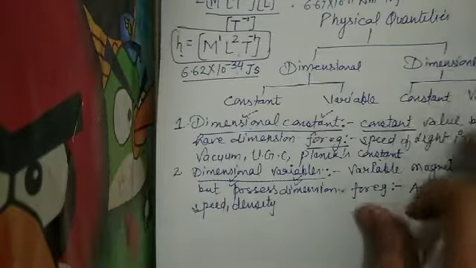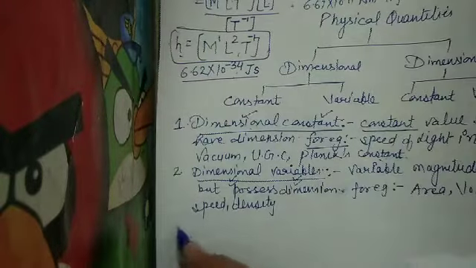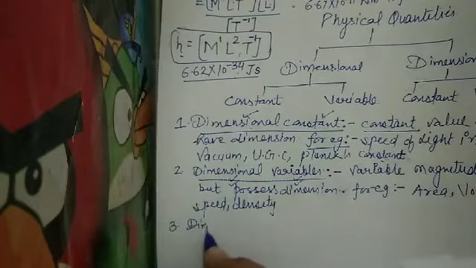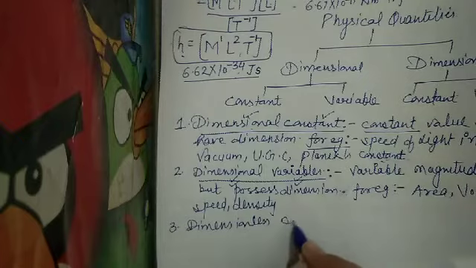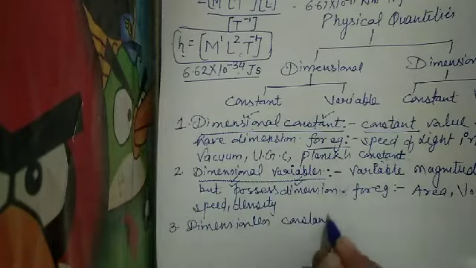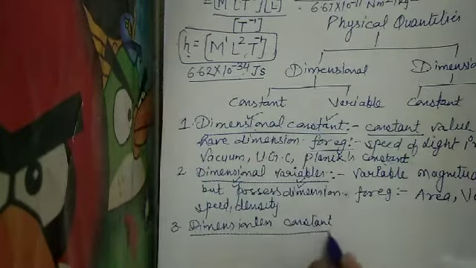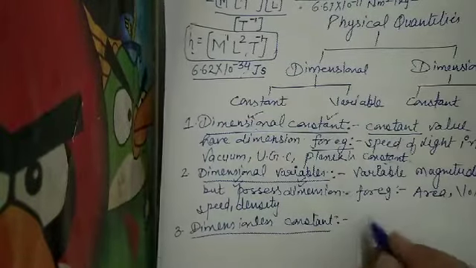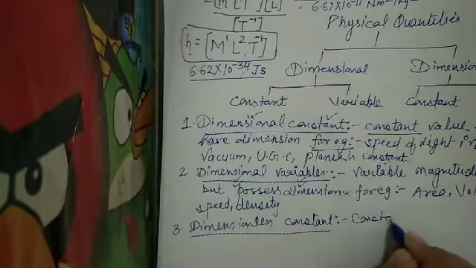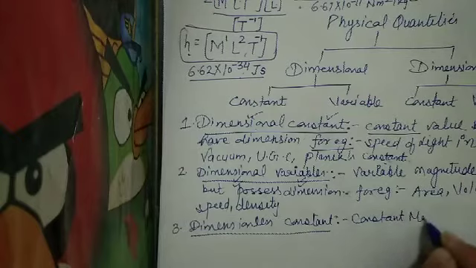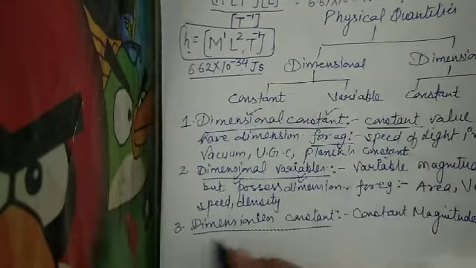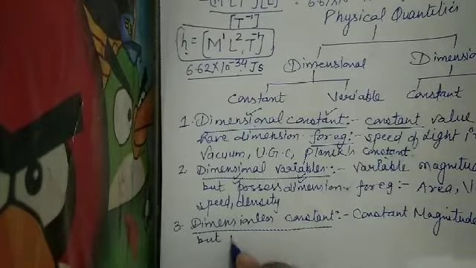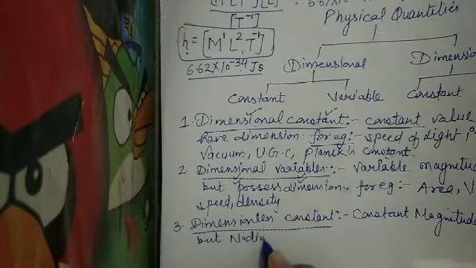Third one, that is dimensionless constant. Value constant but do not possess any dimension. Constant magnitude, magnitude means value, but no dimension, dimensionless.